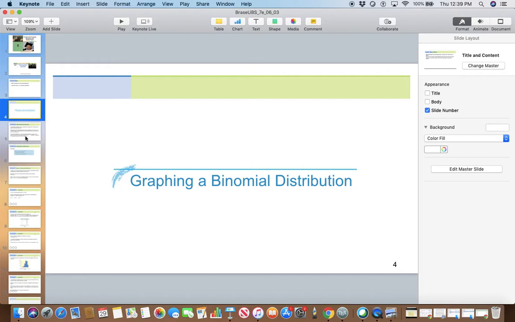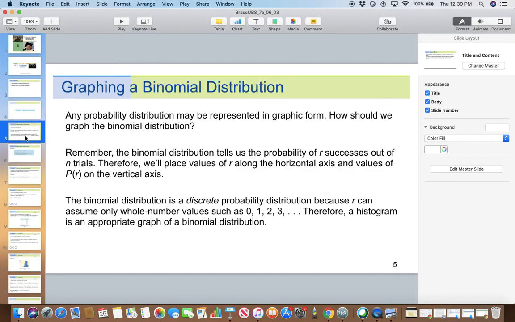Graphing a binomial distribution. Any probability distribution may be represented in a graphic form. How should we graph the binomial distribution? Remember, the binomial distribution tells us the probability of R successes out of n trials. Therefore, we'll place values of R along the horizontal axis and values of probability of R on the vertical axis.